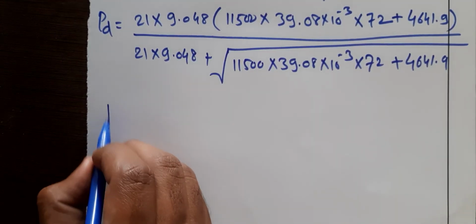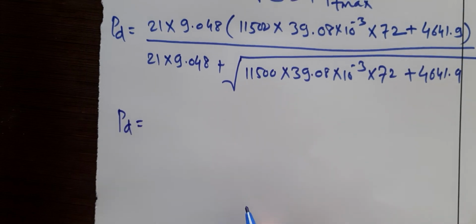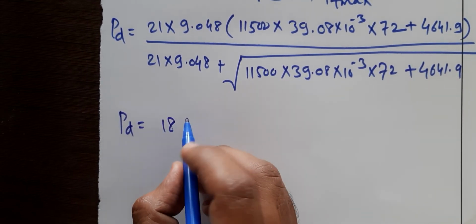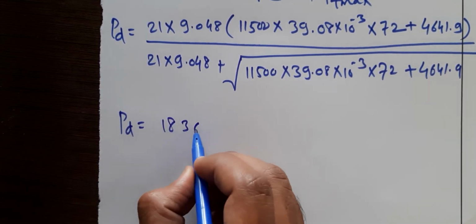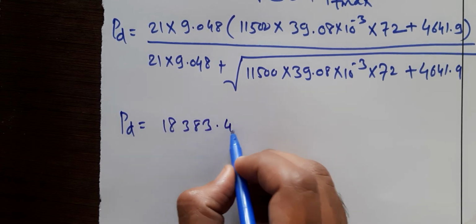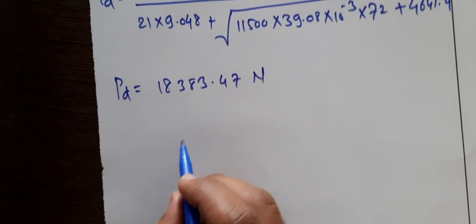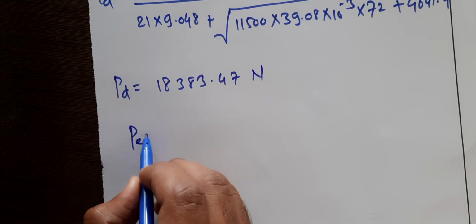After calculation you will get PD equal to 18383.47 Newton.